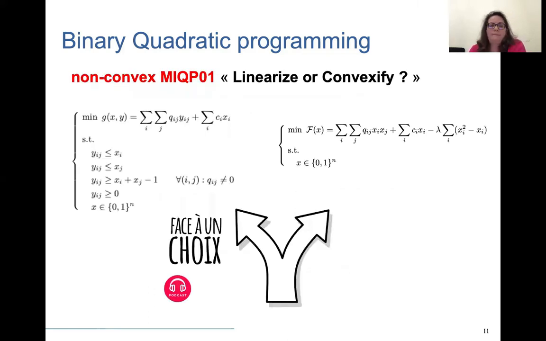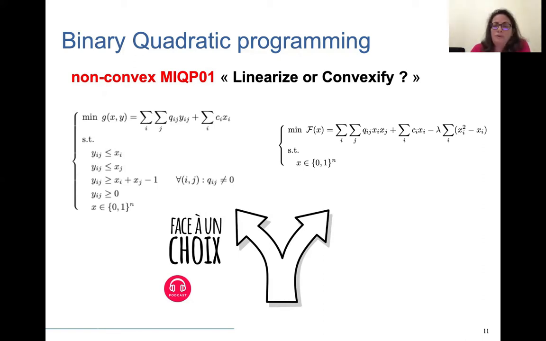So a general question may be, given a quadratic problem with binary variables, is it better to linearize or convexify? Actually, there is no easy relationship between the two methods. Sometimes the first one, linearization, is better than convexification, and sometimes it's the reverse.